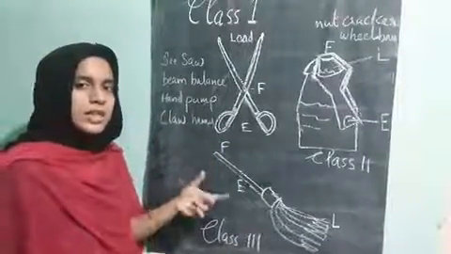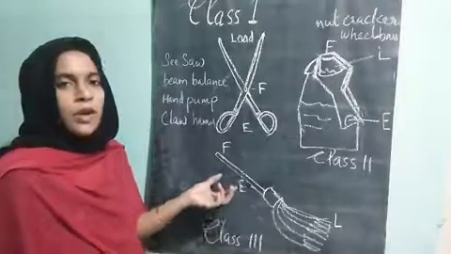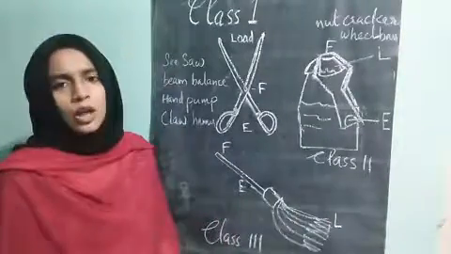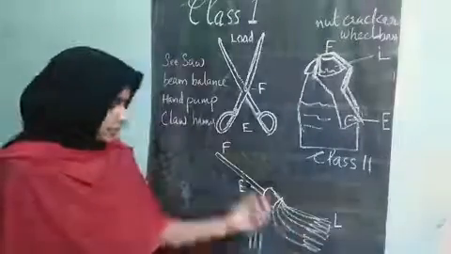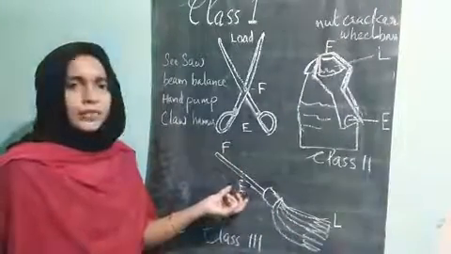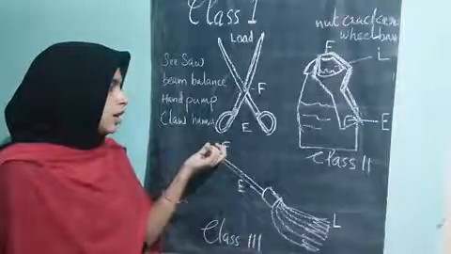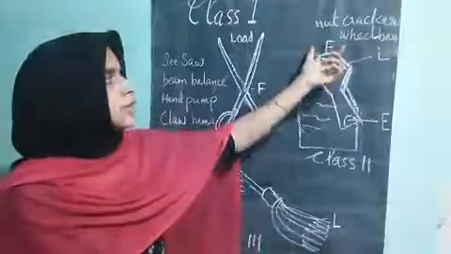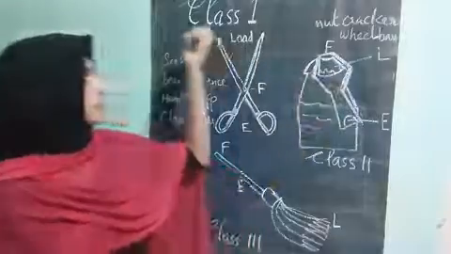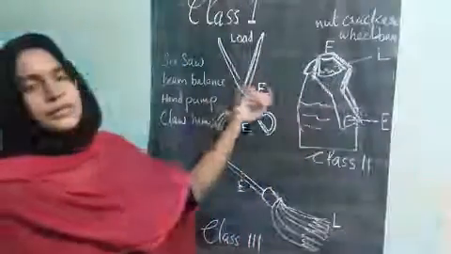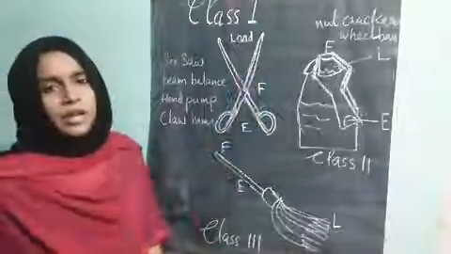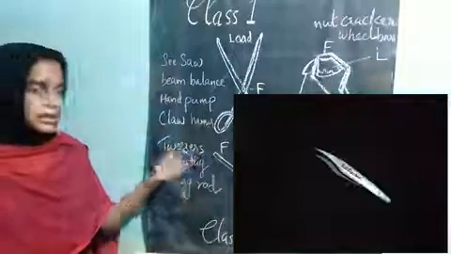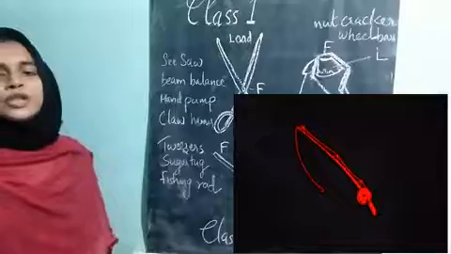So in a class 3 lever, the position of effort will be in between the fulcrum and the load. Class 2, load will be in between fulcrum and effort. Then class 1 lever, fulcrum will be in between load and effort. Examples of class 3 levers are tweezers, sugar tongs and fishing rod.